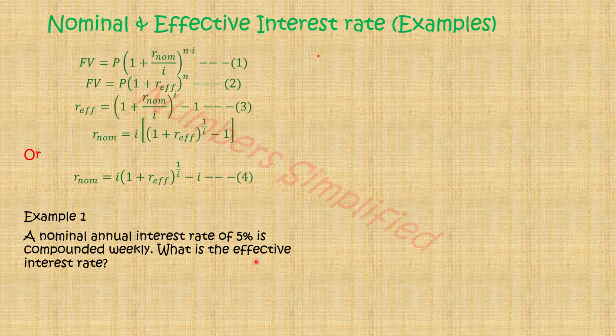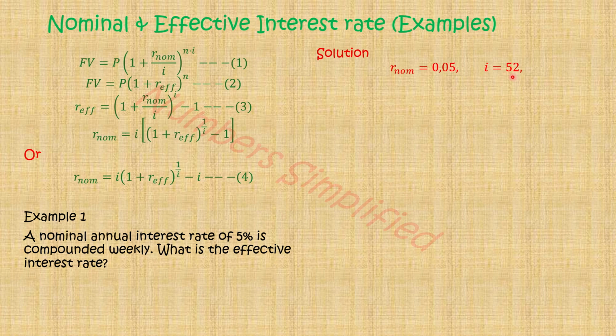Before we try to think of which formula to use, it is always important that we first identify each and every variable that we're given. So we know that we have the nominal interest rate, which is 0.05 in decimals, but as a percentage that would be 5%. Then we're told that this is compounded weekly, implying that within a year we get the number of weeks, which is 52.